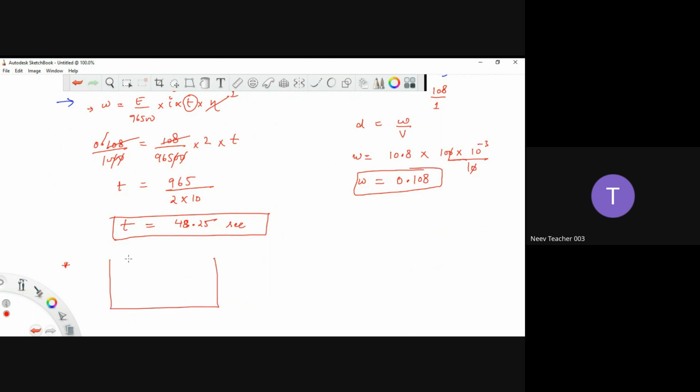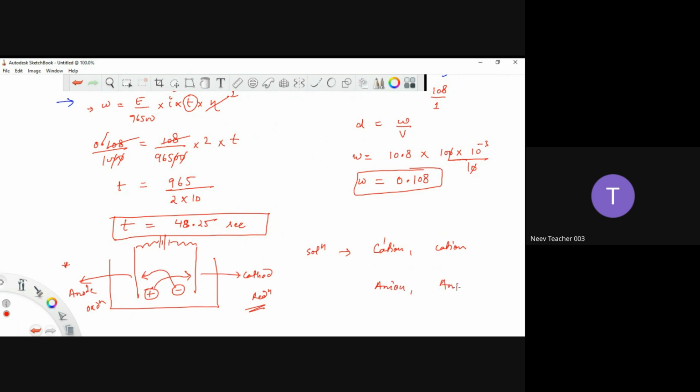We know if this is your electrolytic cell for electrolysis, positive, negative, positive, that part is the anode, the positive part, and that part is the cathode. Cations will move to the cathode and anions will move to the anode. For anions, oxidation happens, and for cations, reduction happens. Now if you have more than one cation in the solution, cation 1 and cation 2, and similarly more than one anion, anion 1 and anion 2, which anion will get oxidized first, and which cation will go first at the cathode and get reduced?